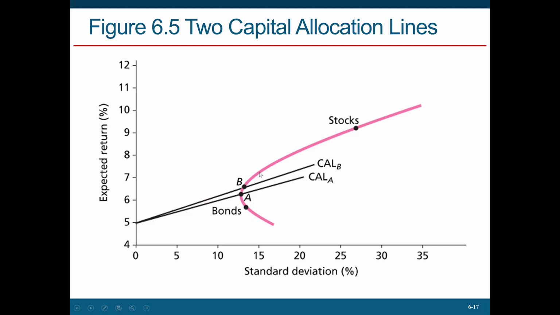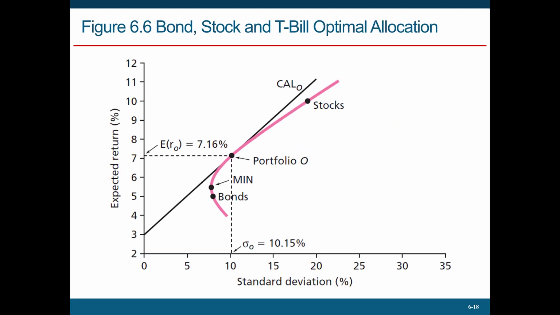Well, of course, you can choose a portfolio here that is even higher on the efficient frontier. What is the best portfolio that you can get? Well, just keep making this capital allocation line steeper and steeper. The steepest possible line that you can get is the one that would be tangent to the efficient frontier, right? One that just intersects the efficient frontier.